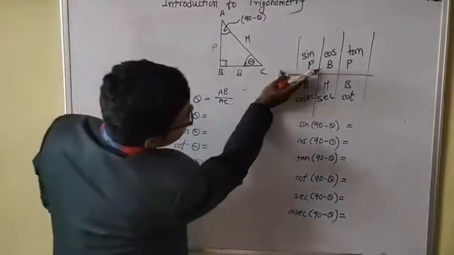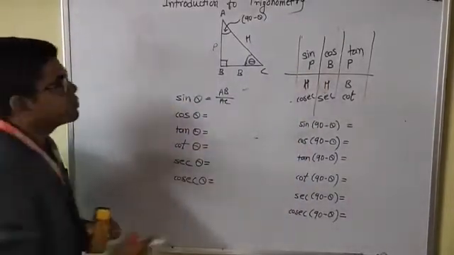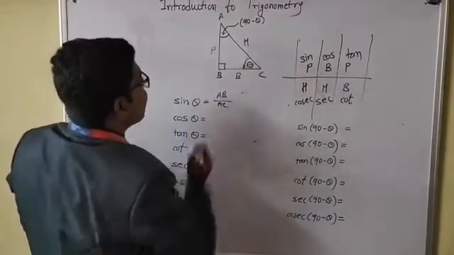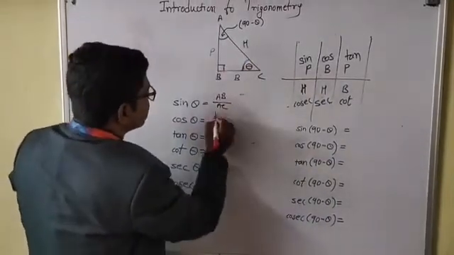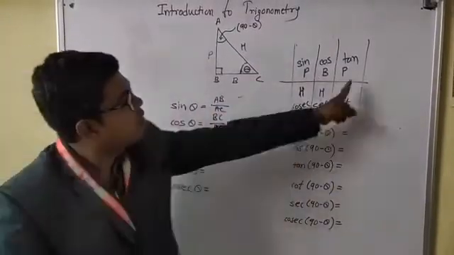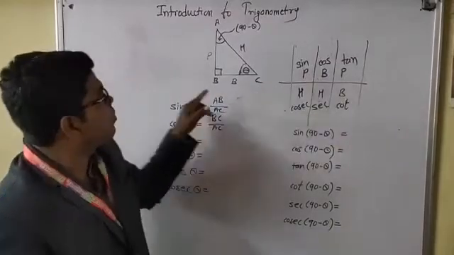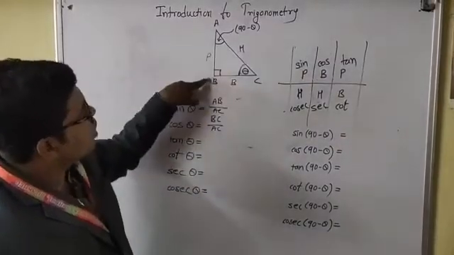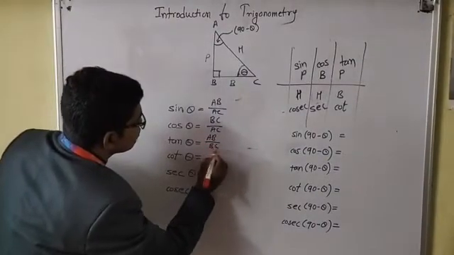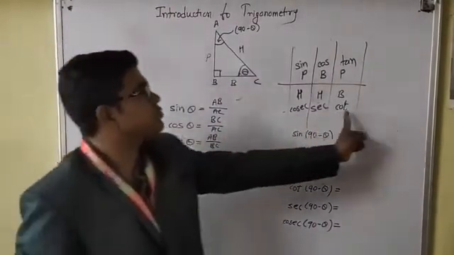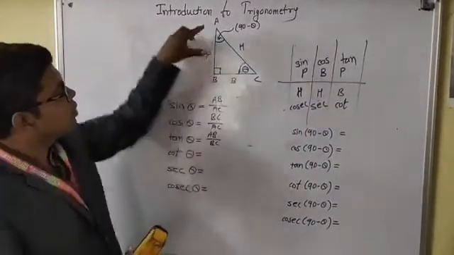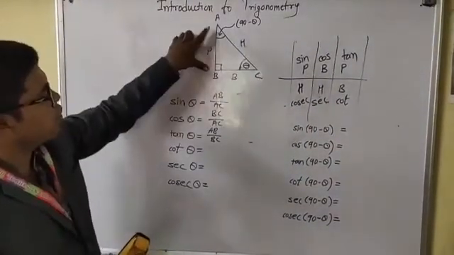Cos theta, base upon hypotenuse, BC upon AC, B upon H. Then tan of theta, perpendicular upon base, that is P upon B, AB upon BC. Then cot, base upon perpendicular, B upon P, BC upon AB.